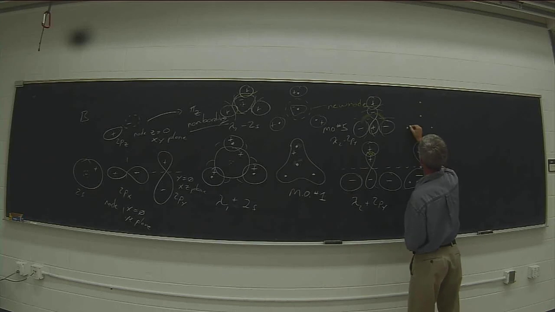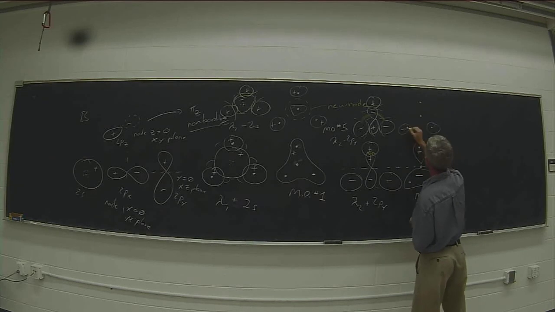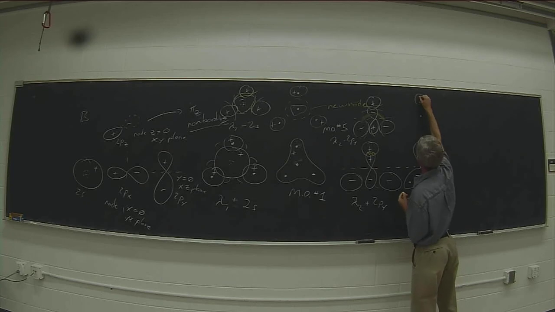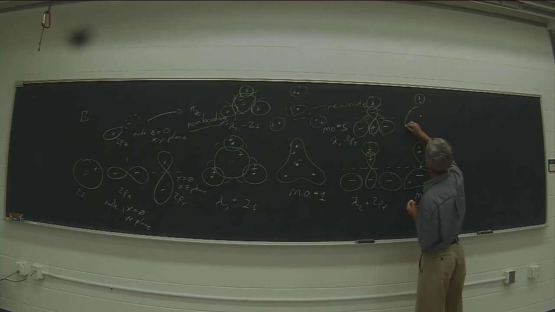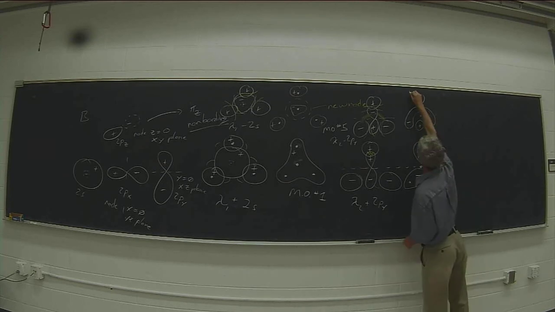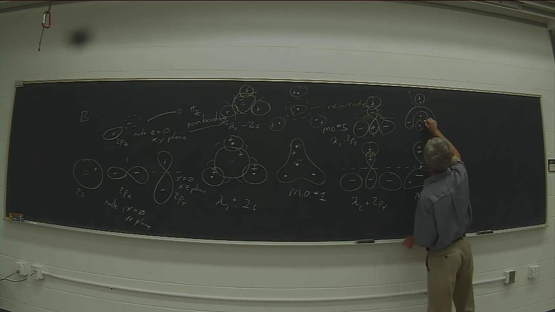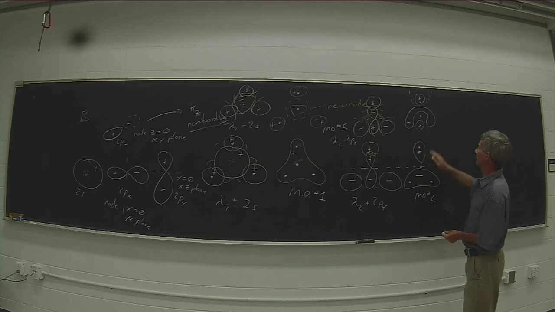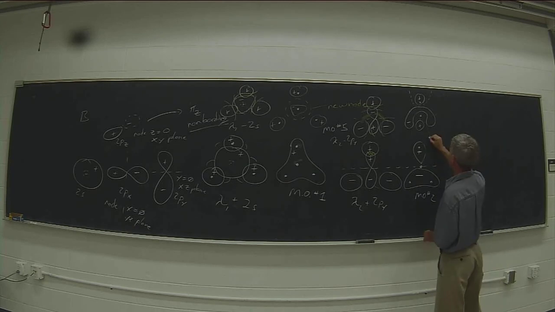So what that's going to look like is little lobes here, little lobe here, an orbital that kind of extends around both the hydrogens. So our node is parabolic. There are two parabolas as nodes. And this is going to be MO number 6.